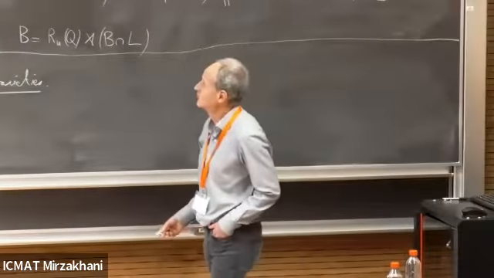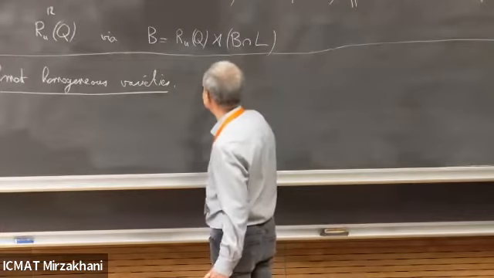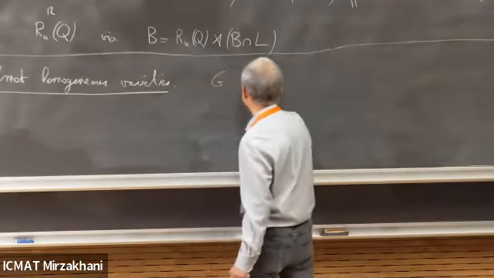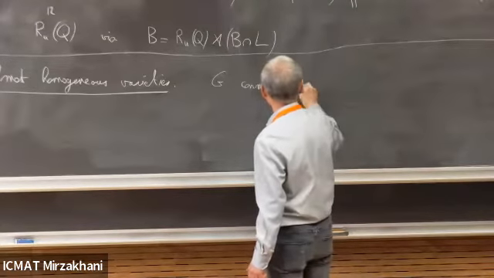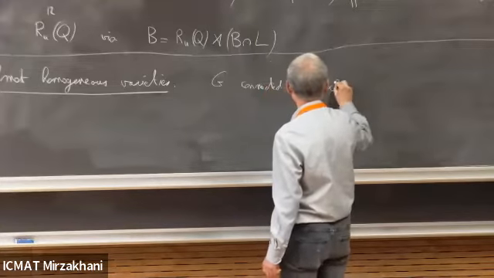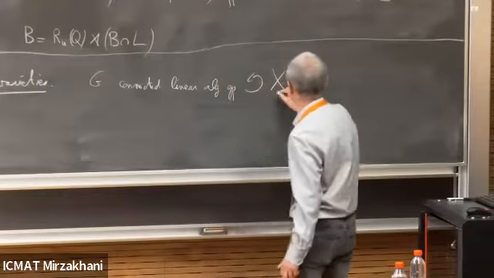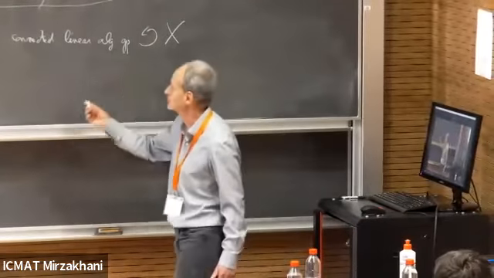So the definition is just a straightforward extension of the homogeneous case. You still consider a connected linear algebraic group G which acts on some variety X. And you assume that there is now an open orbit.